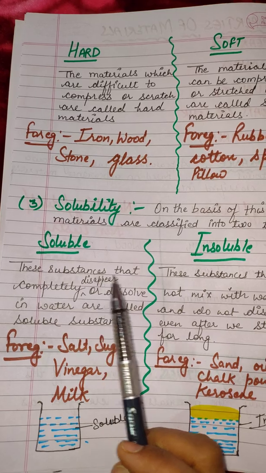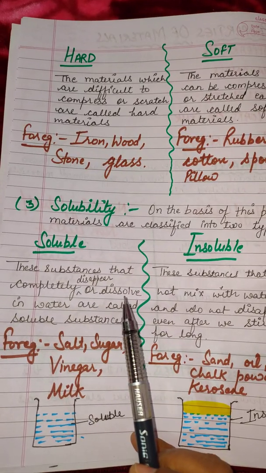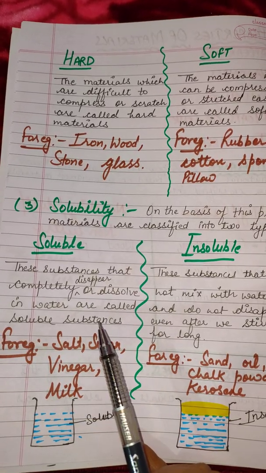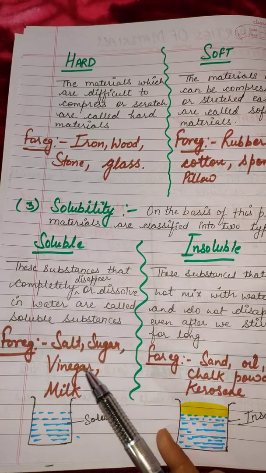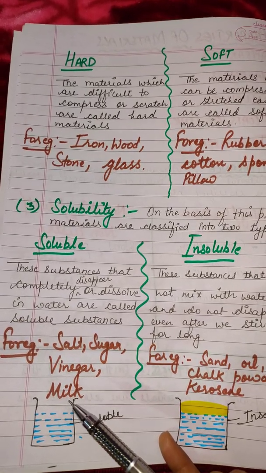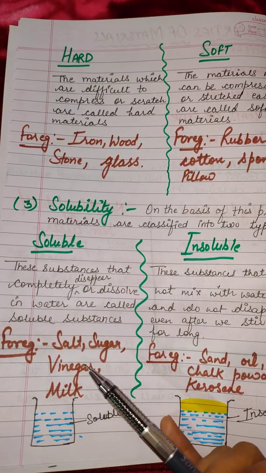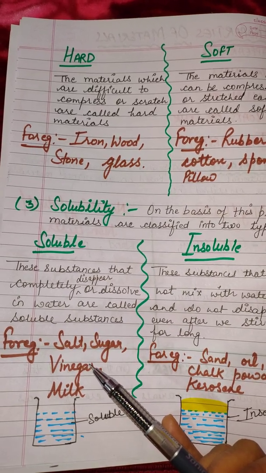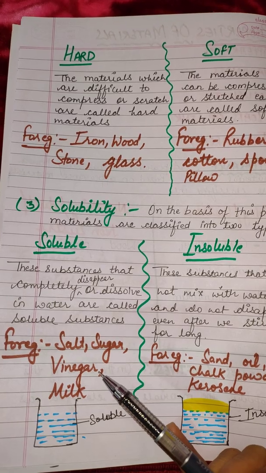Those substances that completely disappear or dissolve in water are called soluble substances. For example, salt, sugar, vinegar, milk. All of these substances, when dissolved in water, completely disappear in water. So these substances are called soluble substances.